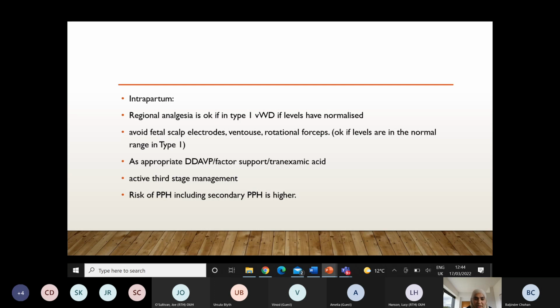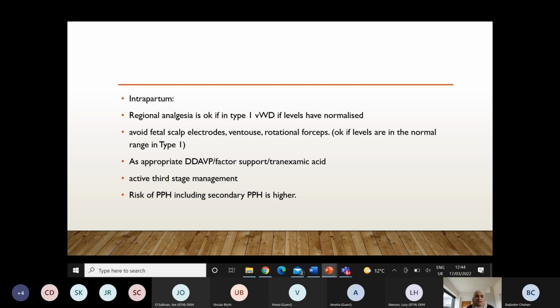I have seen one, and that will stick in my brain because it was in my reg years, I think ST3 or 4. That was type 1. She was managed with desmopressin and then tranexamic acid as well. But unfortunately, she was readmitted on day 4 with secondary PPH, which was managed okay.